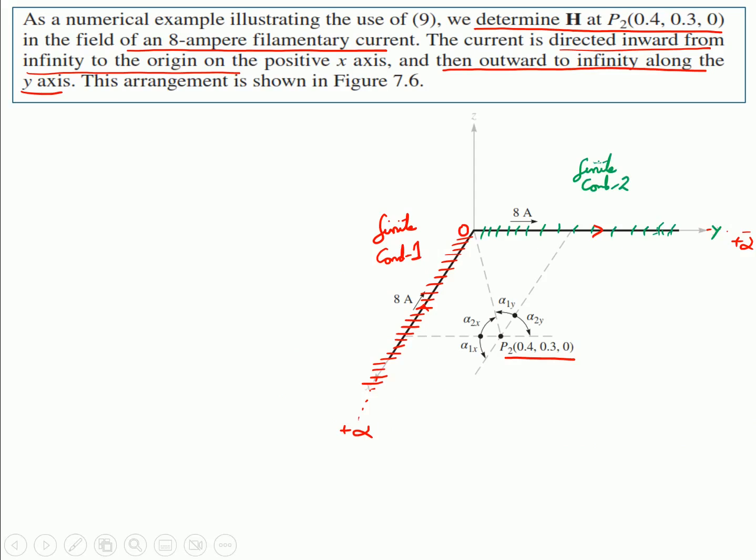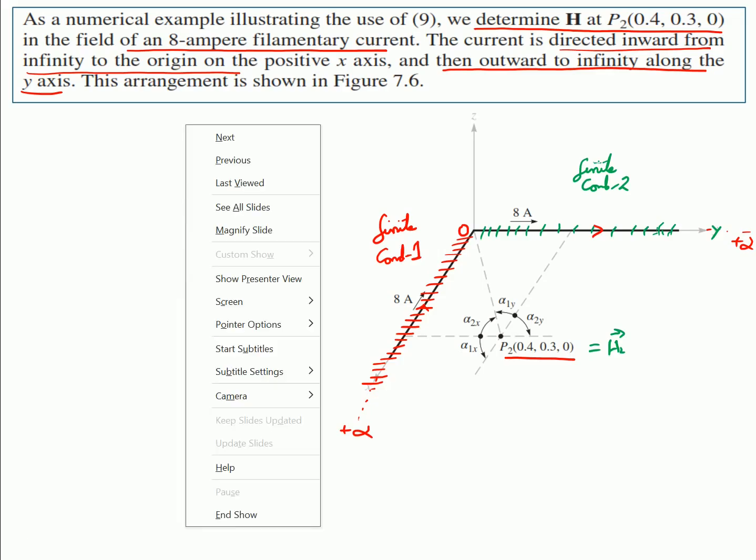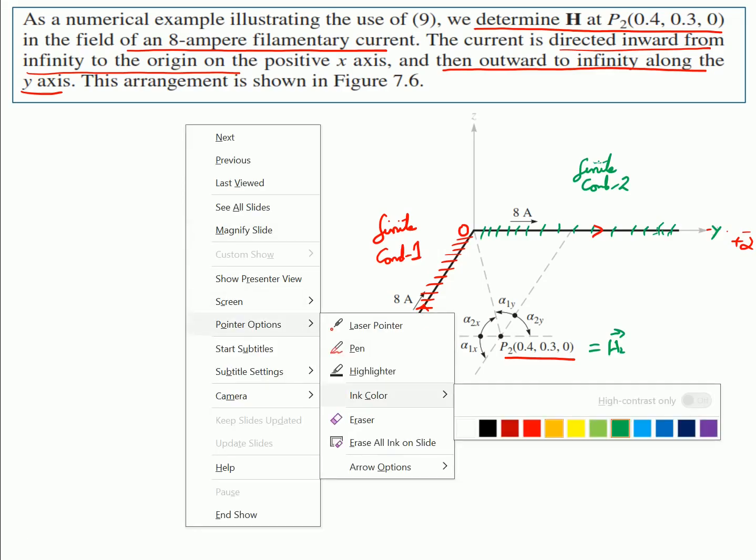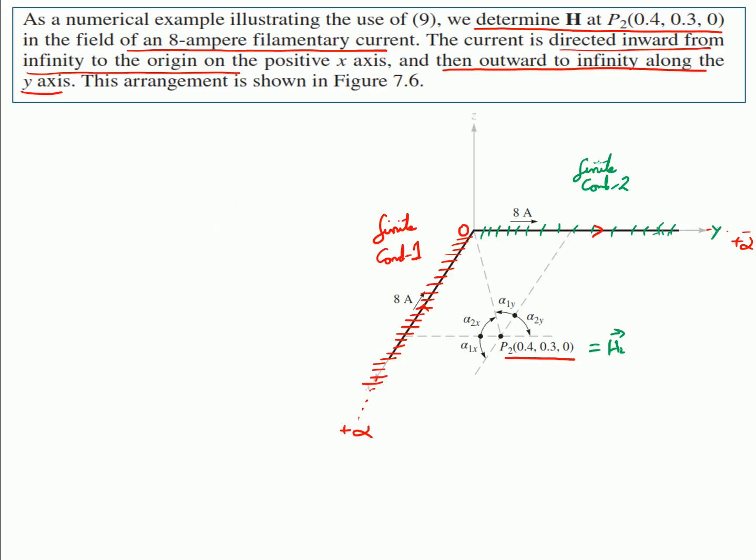And we need to find the magnetic field intensity at point P2. We have two conductors, so I can use the superposition principle to find the total current. If I start with the solution, I need to find the total field HT, which is going to be the sum of the first conductor's magnetic field along the x-axis and the second conductor's magnetic field along the y-axis.